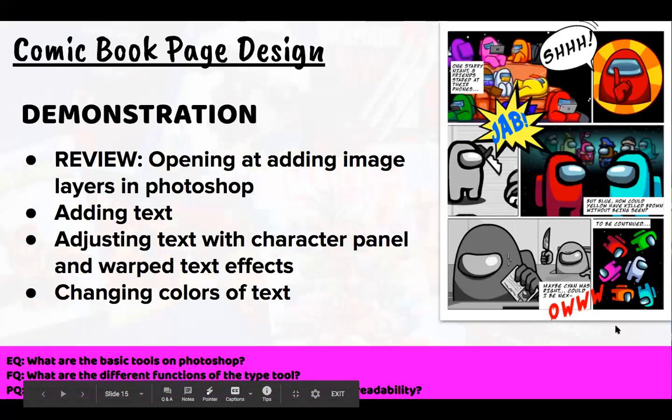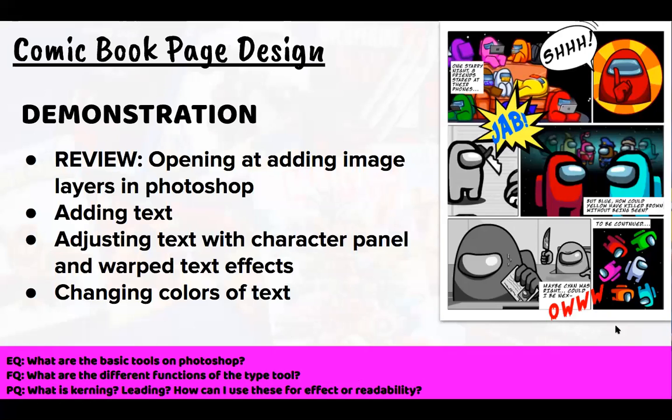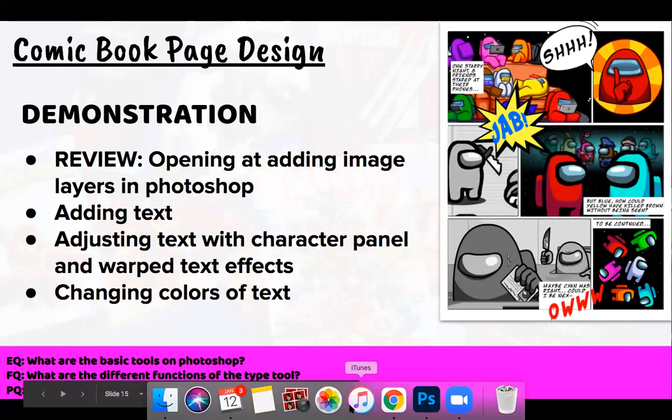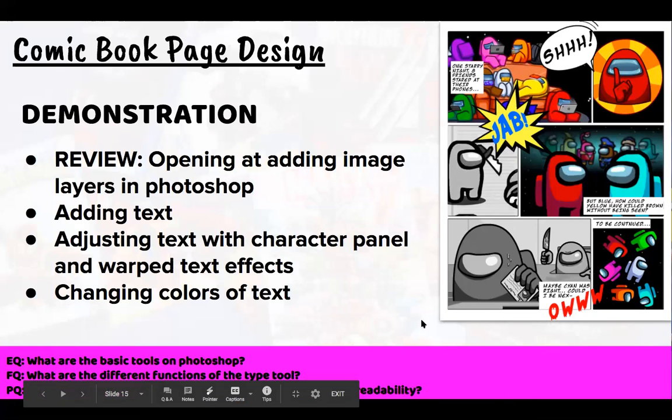Okay, so for my demonstration, this is my example that I made for you guys. What we're going to do is review opening Photoshop, adding an image, adding text, adding different shapes for our bubbles, and adjusting text with the character panel. So the first thing we're going to do is try this together.